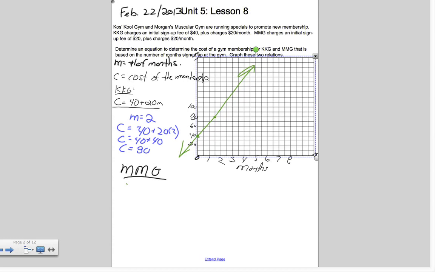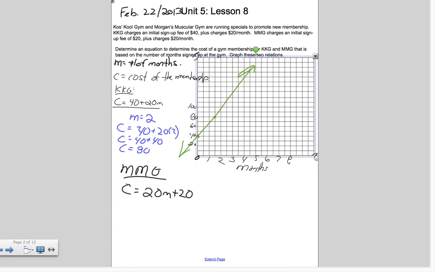We're still talking about cost and the cost depending on the number of months. We just come up with a slightly different equation because Morgan is charging us different things. So what would be the equation here, Paul? C equals 20m plus 20. You could switch it around.